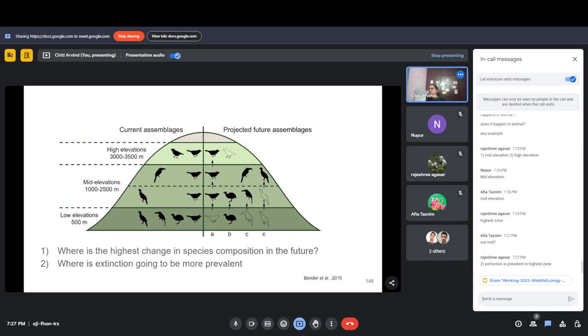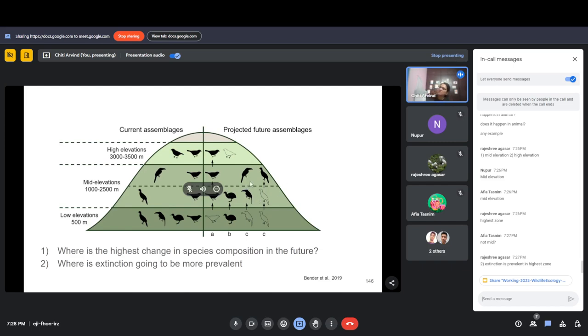Okay. So, if you look at this figure, the most amount of change is actually happening in the lowest zone. Can you see? So, before we had 4 species, and that has become now just 1 species. There's only 1 species left in the lowest zone, right? And in the mid zone we had 4 species, and now we have 6 species, right?